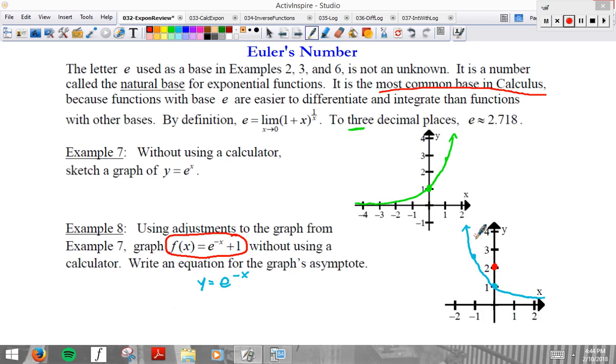That shifts up. And it's really important to notice the new horizontal asymptote will be at positive 1. It will be at positive 1 now, because the horizontal asymptote also will shift up 1.